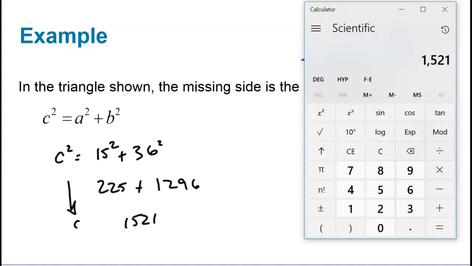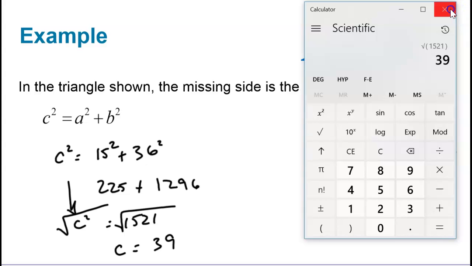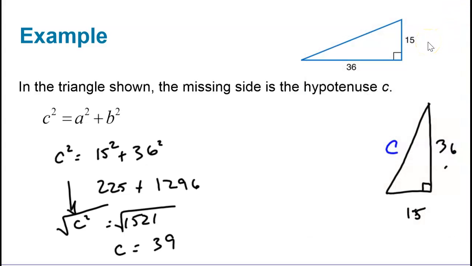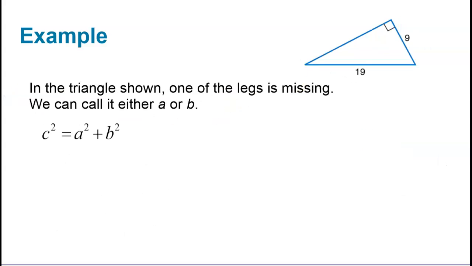And again, bringing c squared down, if we find the square root of both of those, we see that c equals 39. And I don't believe that they had a unit on here, so the hypotenuse is just 39.